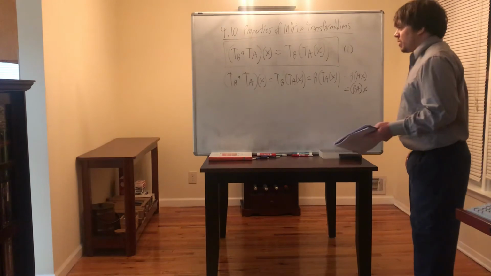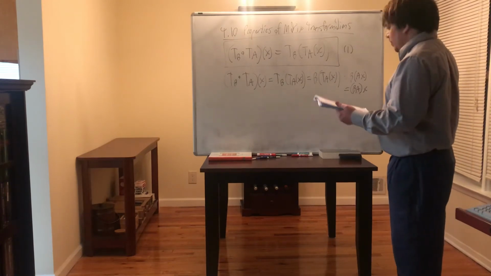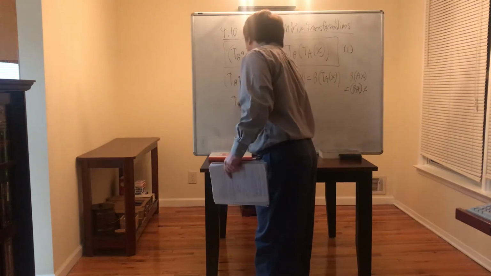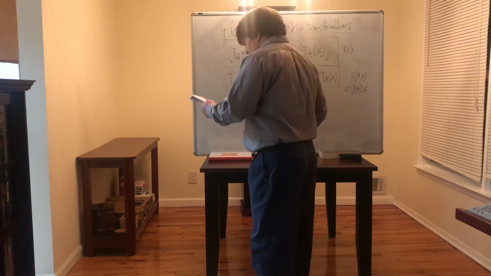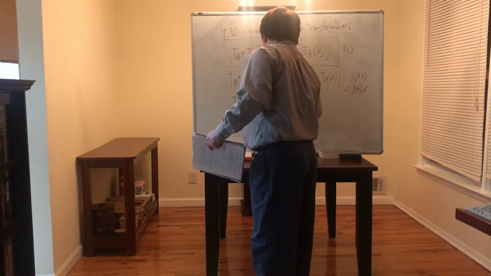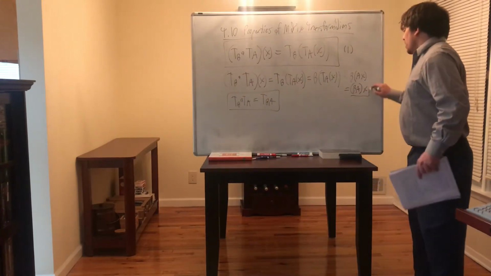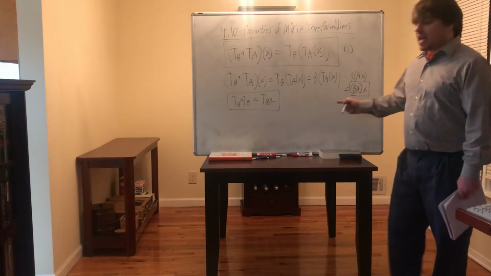Okay, so what this says is that, and so now we can say that T sub B composed with T sub A is equal to T sub BA. Okay, because this is left multiplication by the matrix BA.